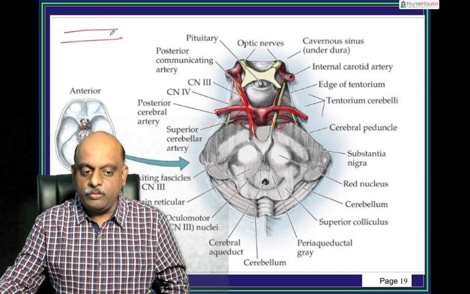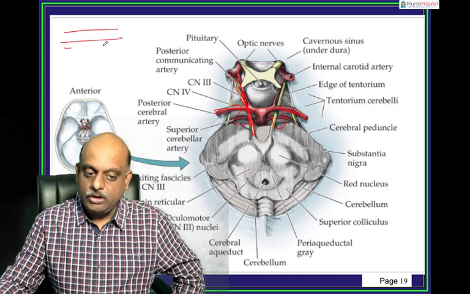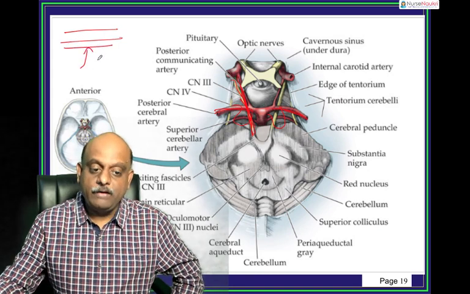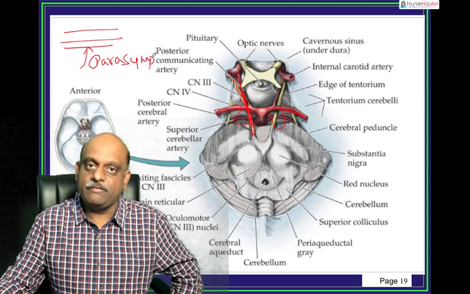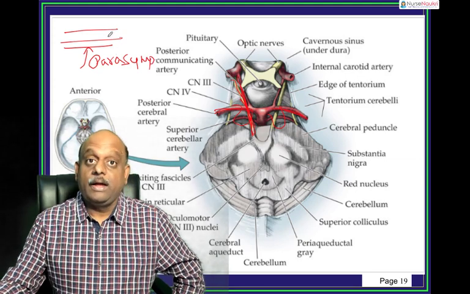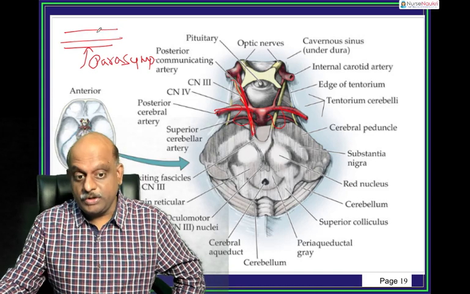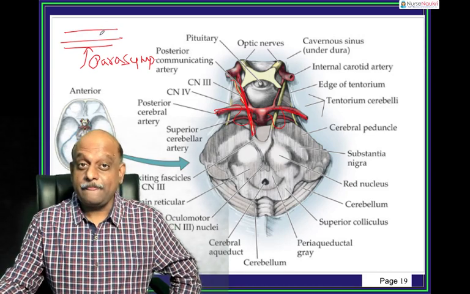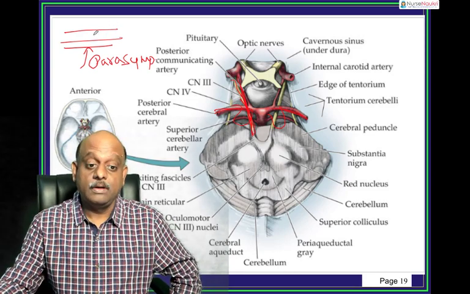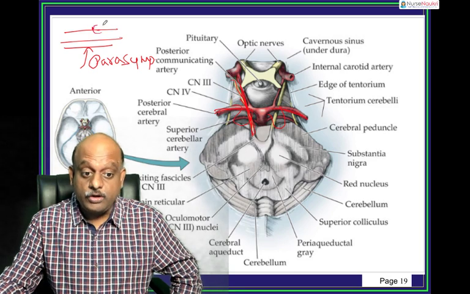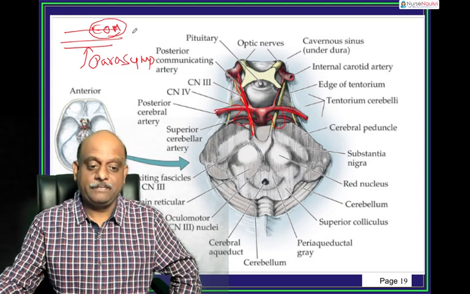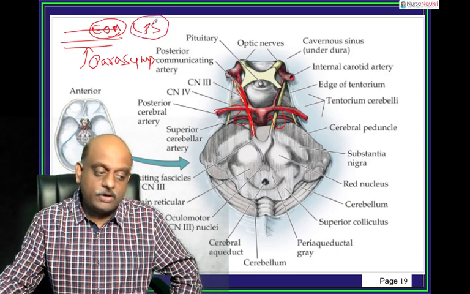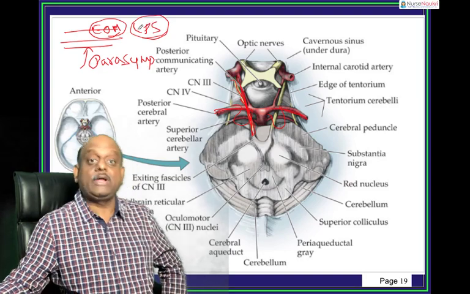What is the oculomotor nerve doing? It is carrying parasympathetic fibers with it. What else is it carrying? It is also carrying the fibers supplying the extraocular muscles. It is also carrying the fibers of the levator palpebrae superioris. Motor fibers.